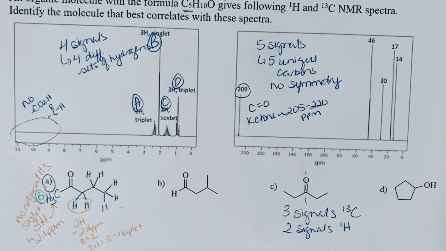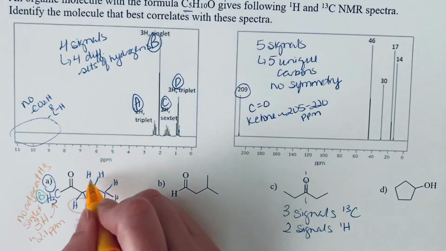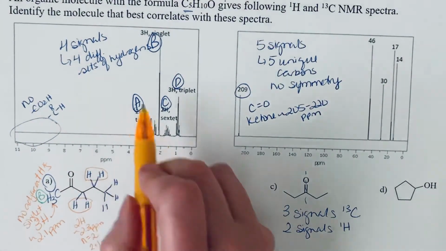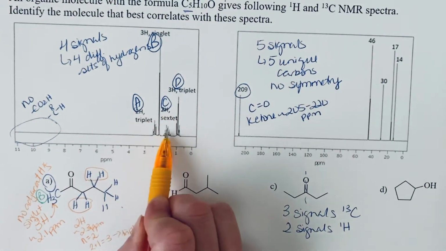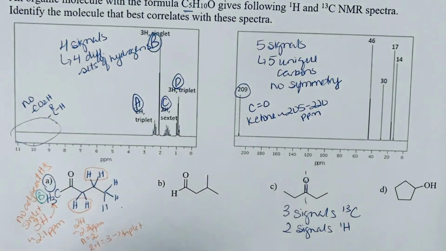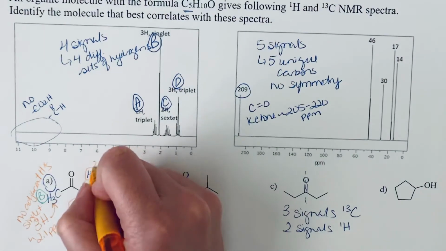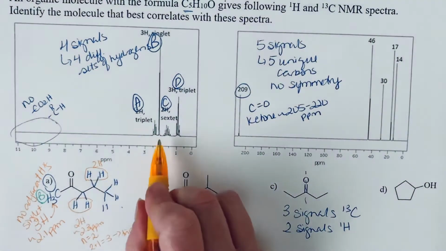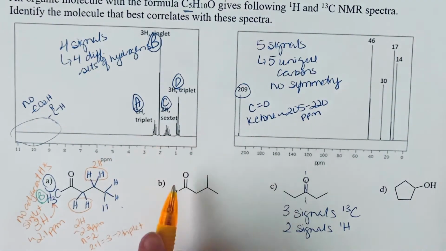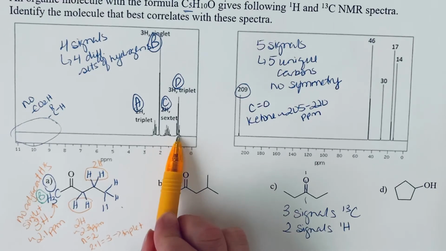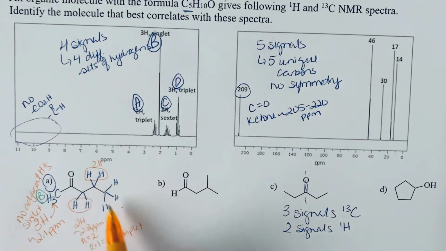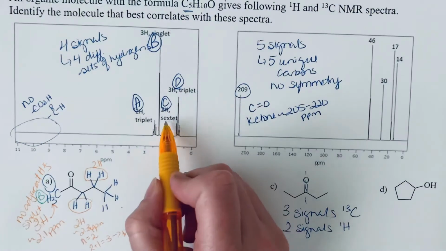All right. And then if we look at the next set of hydrogens, they're just moving to lower chemical shift as we're moving away from that carbonyl. So that makes sense. It's two hydrogens. The chemical shift is in that alkane range. Not quite as low as the other one because it's still somewhat close to that carbonyl, but getting farther away. Let's see if we can explain the splitting.